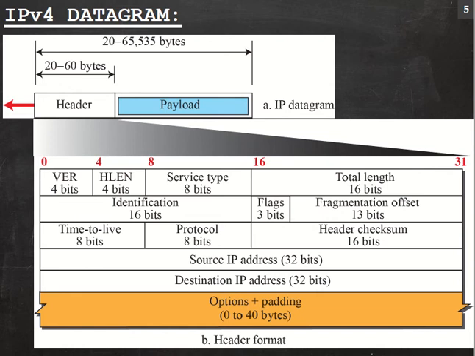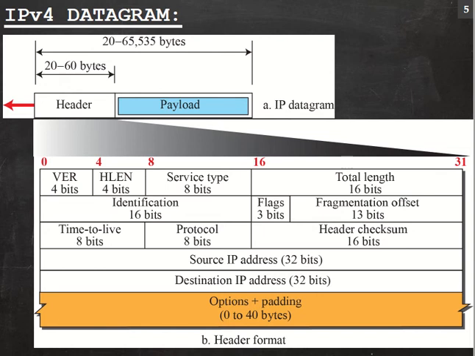To find the length of the data coming from the upper layer, subtract the header length from the total length.